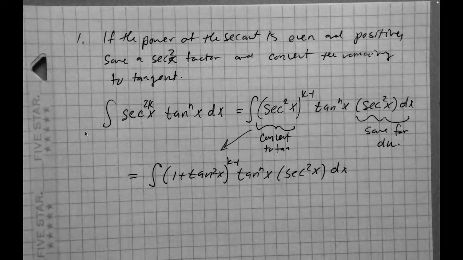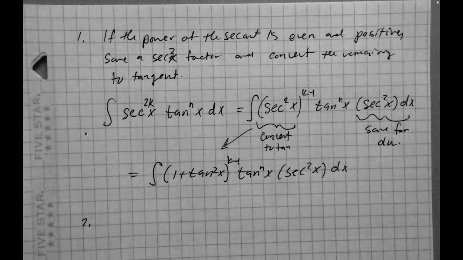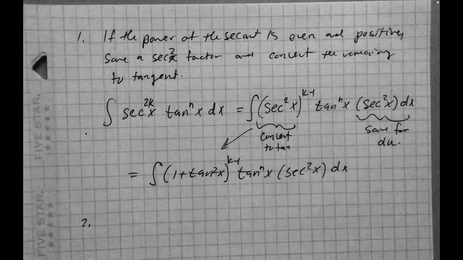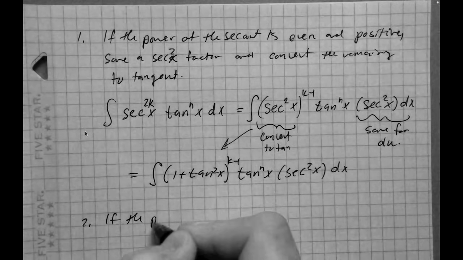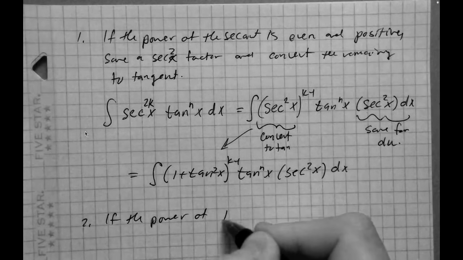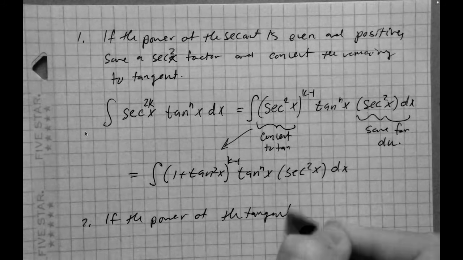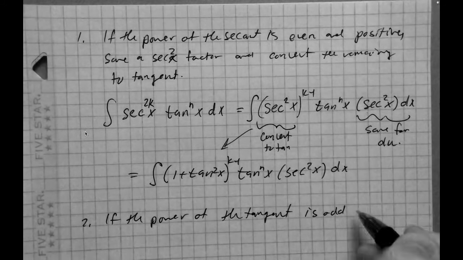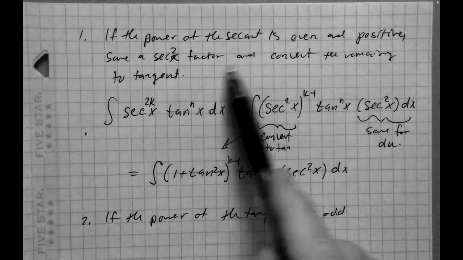Okay, so that is the first strategy. Let's talk through the second case. Sorry, the previous one was when the secant was even and positive.